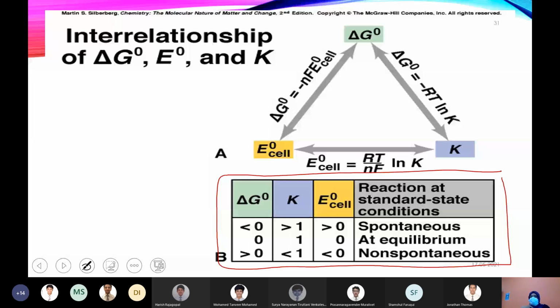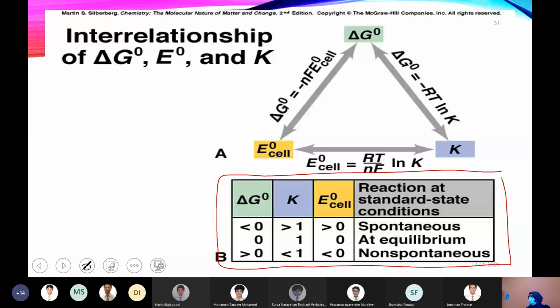Similarly, in terms of K, the equilibrium constant, if the value of K is greater than 1, the reaction is spontaneous, right? And if it is 1, that is at equilibrium, because the concentrations of reactant and product will be the same. That is when you will get the value of K as 1. If the value is less than 1, then the reaction is non-spontaneous.